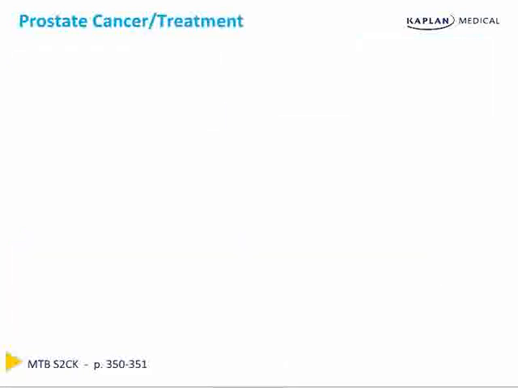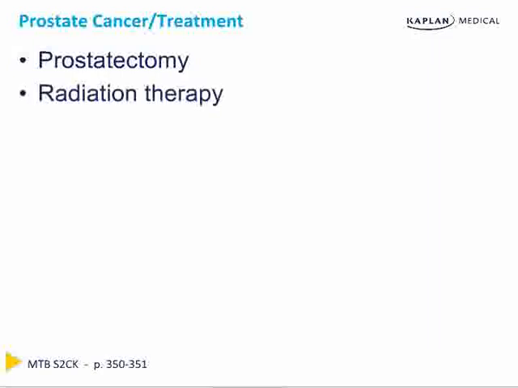Once prostate cancer is diagnosed, there are 5 main treatment options available. A surgery to remove the whole prostate, called a prostatectomy, is one option to treat prostate cancer that has not yet spread beyond the prostate itself. Radiation therapy is another option, where radiation is directed at the prostate from an external source.